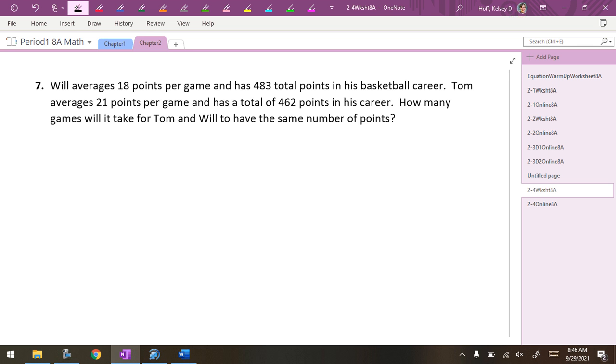Will averages 18 points per game and has 483 total points in his basketball career. Tom averages 21 points per game and has a total of 462 points in his career. How many games will it take for Tom and Will to have the same number of points? So first it says how many games. That's telling us what our variable needs to be. G. G is going to equal the number of games.